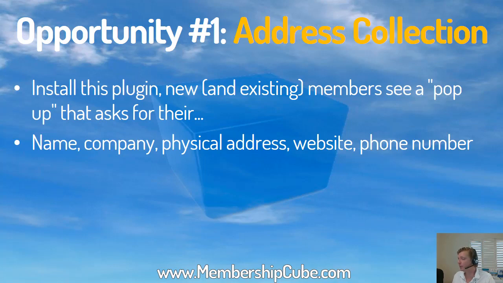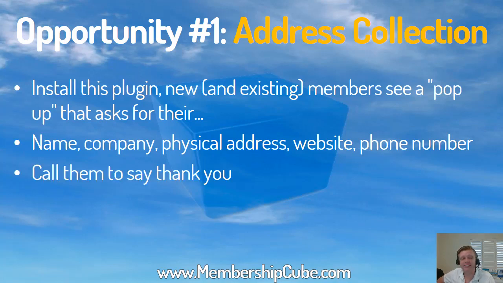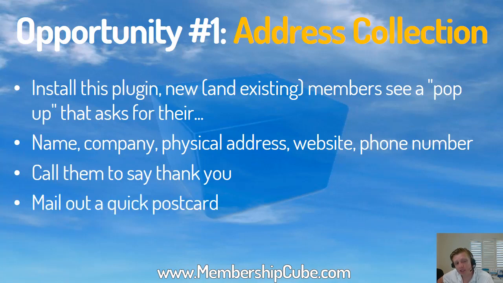They can choose to fill in some of this, and if you happen to have bought things from us before, even for like a $7 plugin, we'll still ask you for your mailing address, and most people choose to fill it in. Some people don't, but if they do, that gives us more options, right? We can always send a thank you card, shoot them a quick thank you phone call, brownies, anything like that. Call them to say thank you, mail out a postcard, or send brownies.